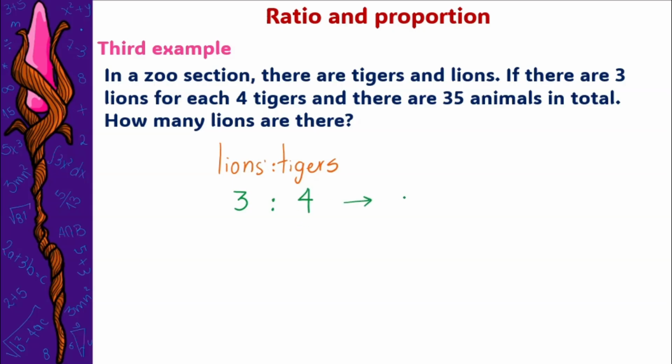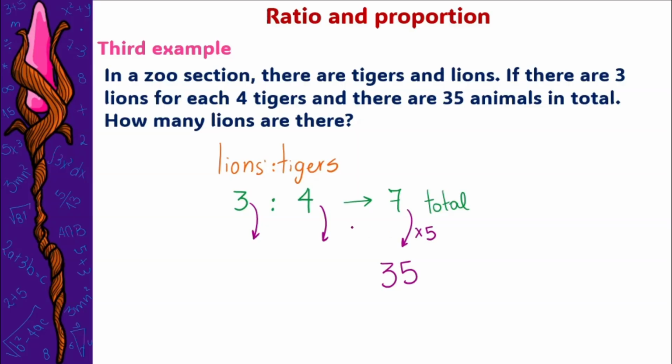For each unit, we would have 7 animals in total. Now, they are telling us that there are 35 animals in total, so we could multiply the 3 numbers to find an equivalent ratio that has 35 animals in total. So from 7 to get the 35, we should multiply by 5.